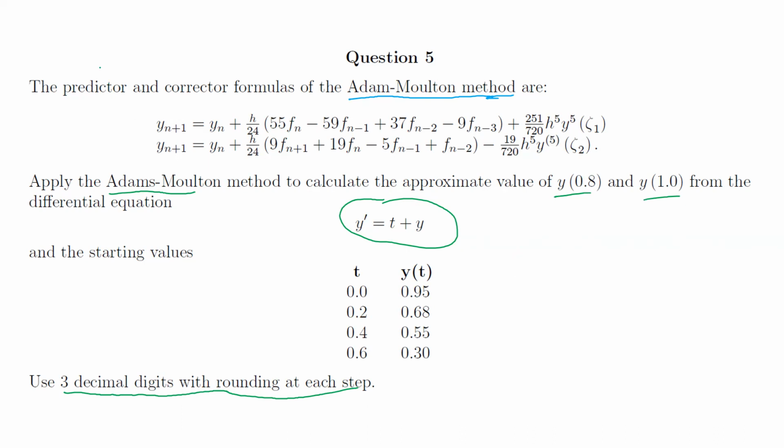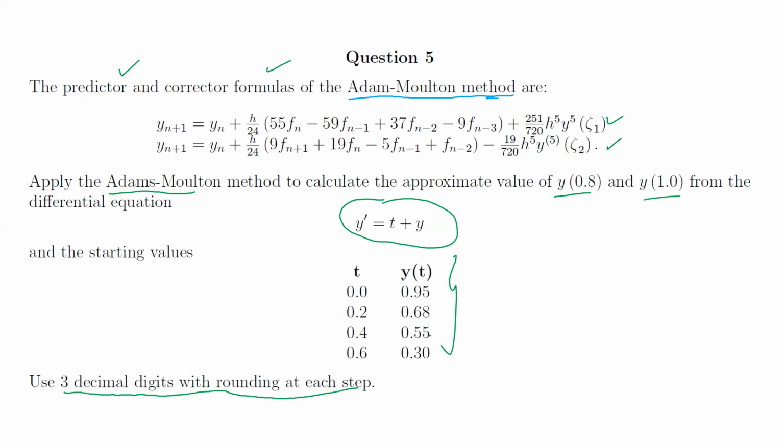In other words, the predictor and the corrector formulas of the Adams-Moulton method are given by this. We already know the two formulas, right? But applying them to a situation is something that must be mastered because it's going to be in the exam. 99.999%.